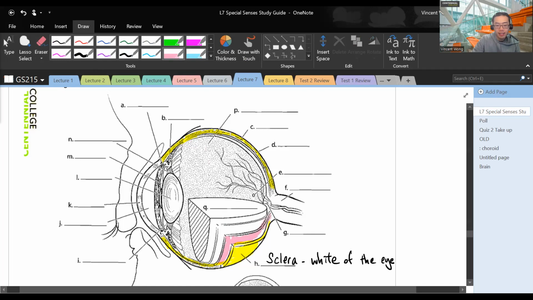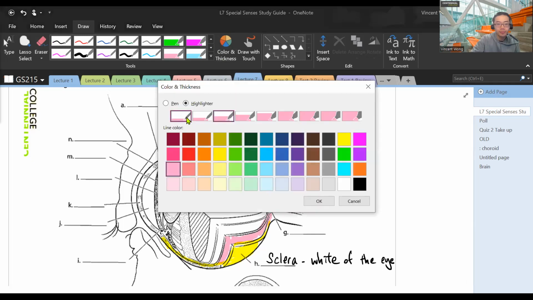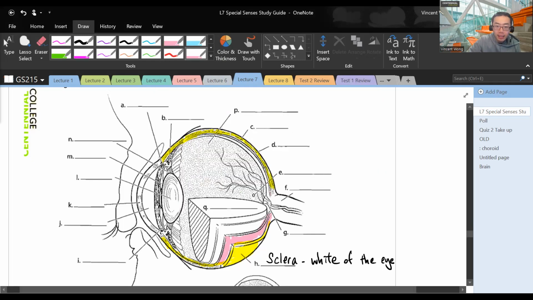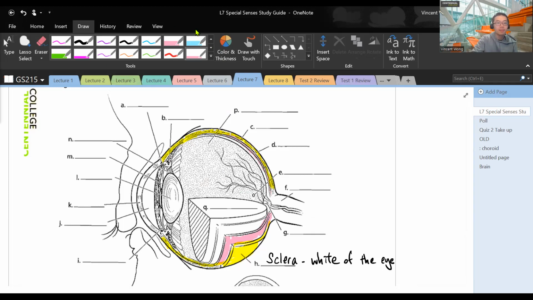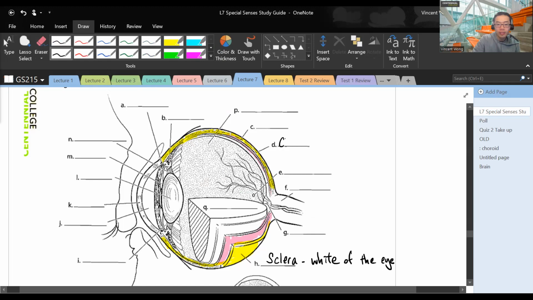So that's the second layer right here, and it's this thin one. That second layer is called the choroid.